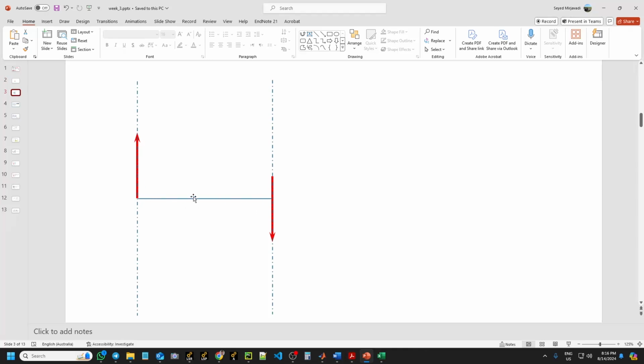Remember these forces should have the same magnitude. I mean, if this is 100, this one should also be 100, but in opposite directions, okay?